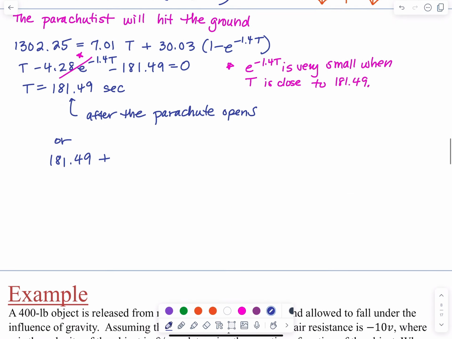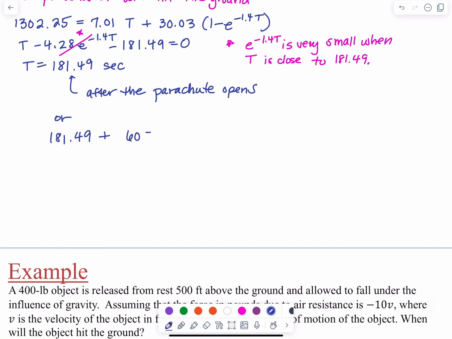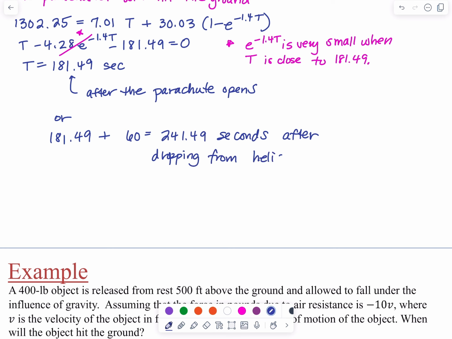So we could add 60 seconds to that and come up with 241.49 seconds after dropping from the helicopter.